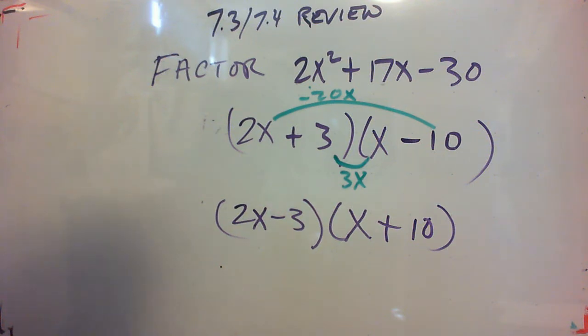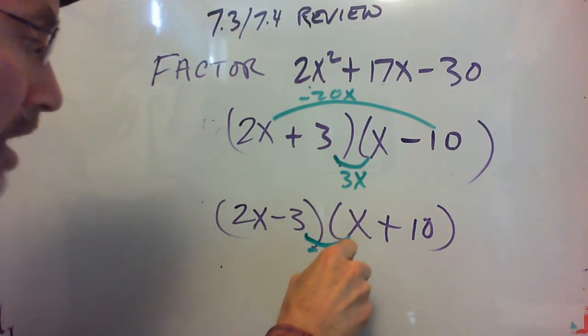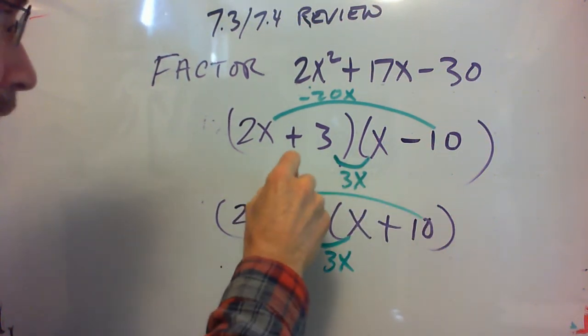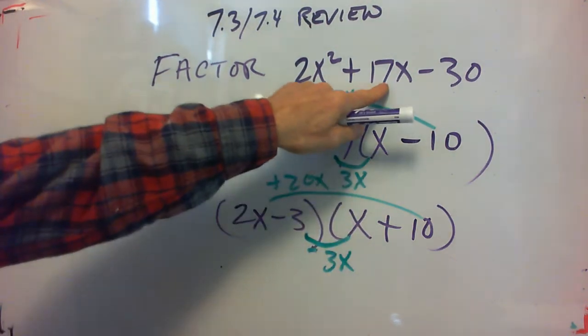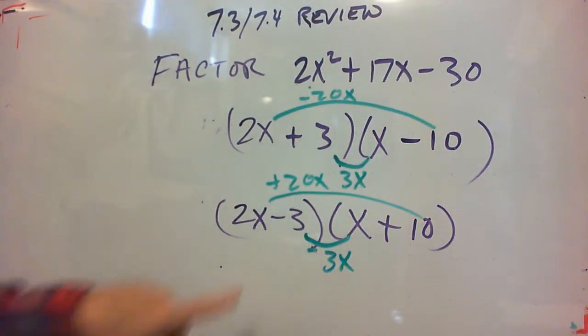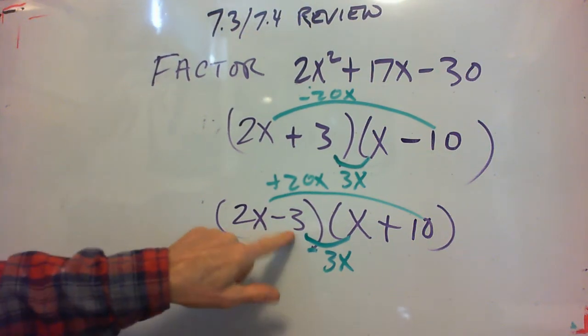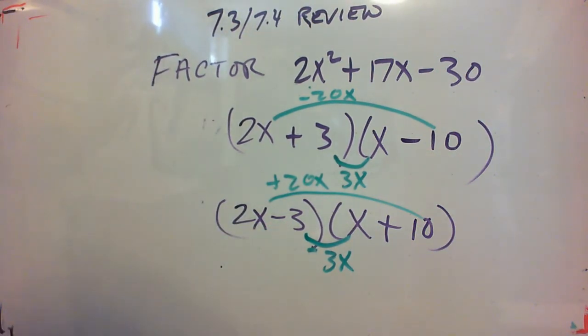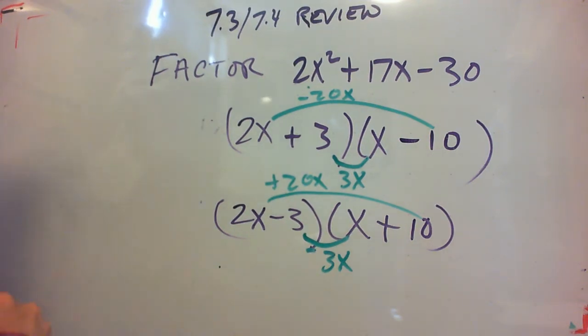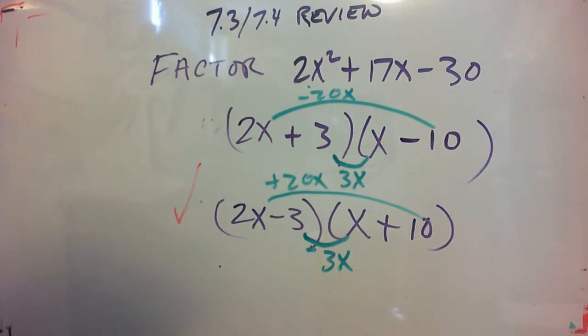And that gives us negative 3x's, positive 20x's, add together to make 17x's. And here again, the 10 cannot be coupled with the 2x because that has a common factor of 2. So 2x minus 3, x plus 10 is our factorization.